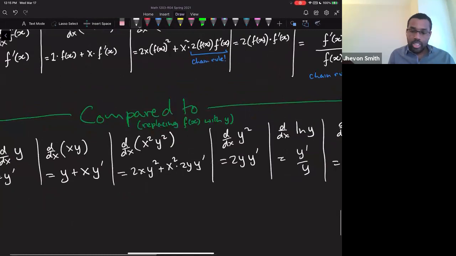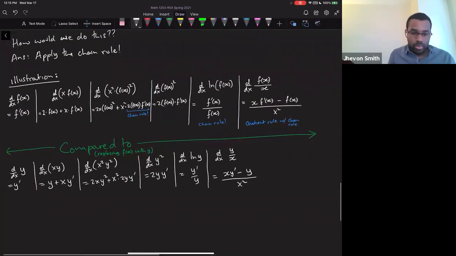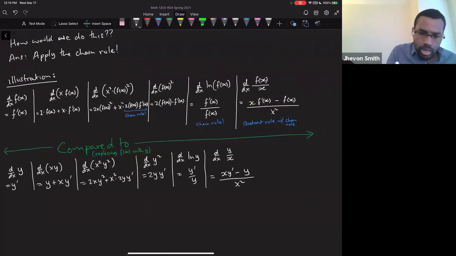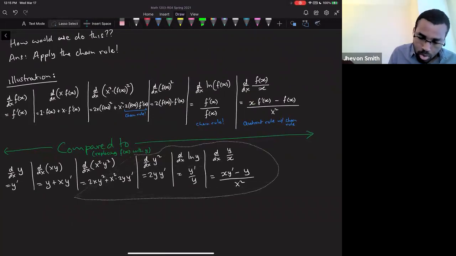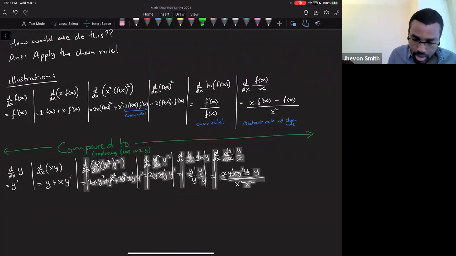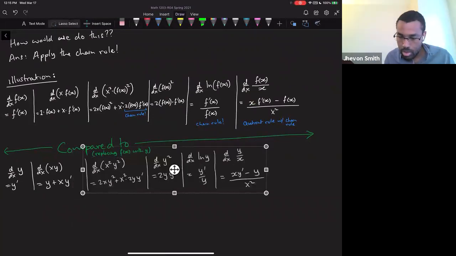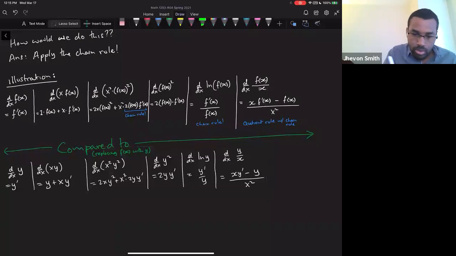So we can actually compare these two. I don't think it's terribly necessary to line them up more; I think you guys can see what I'm doing here.